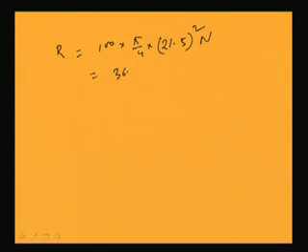Rivet value will be tau Vf, that means 100 into pi by 4 into d square. 20 mm diameter of rivet has been used, so its gross diameter will be 21.5. So, from this I can find out the value in Newton. This will become 36.3 into 10 cube Newton, that means 36.3 kilonewton. So, rivet value we have.